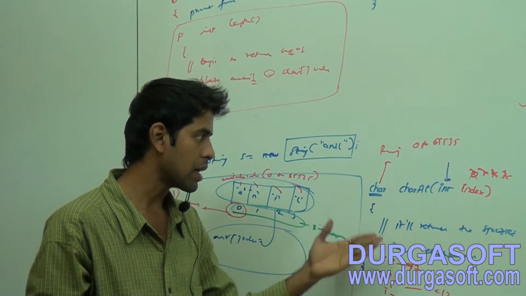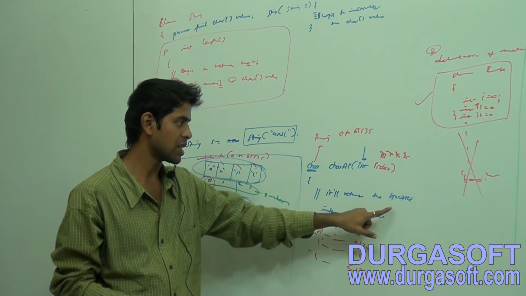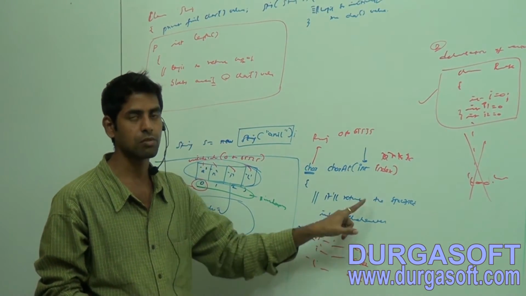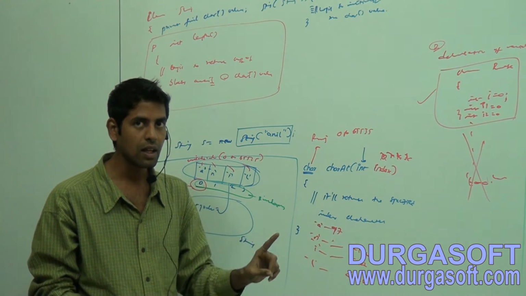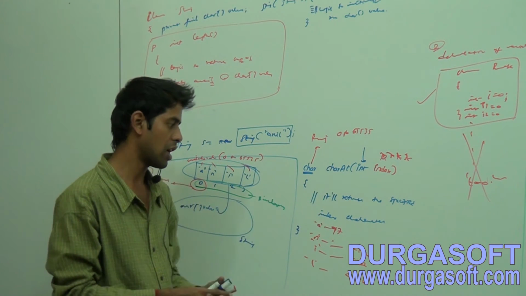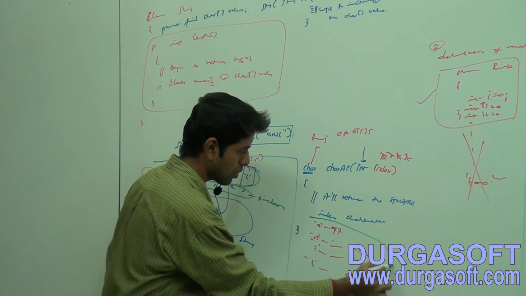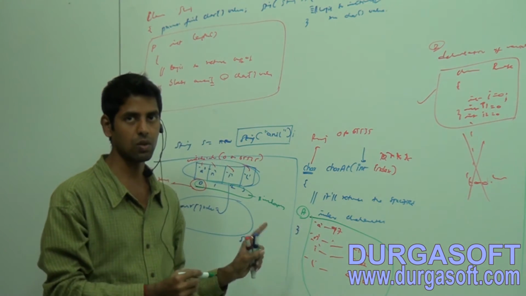Char. It will return the particular character available at the specified index. Here internally JVM uses what? Unicode values only. Observe this part. Even this is important to us.